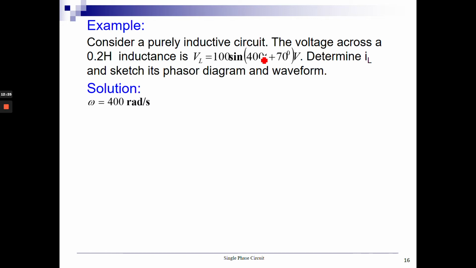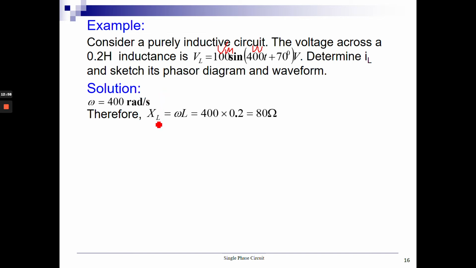So first of all, you have to identify the expression. So 100 is your Vm, and then this is your omega. So from the expression, you can identify your Vm value and your omega. So from here we can see that your omega is 400 radian per second.